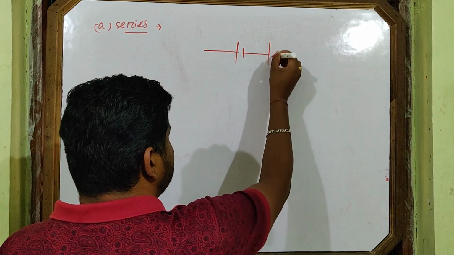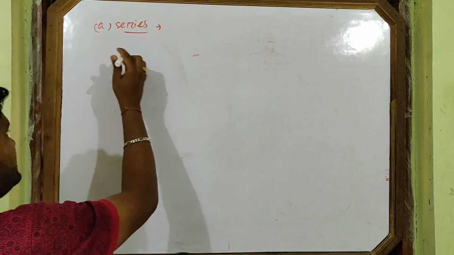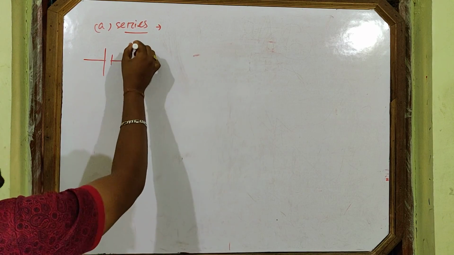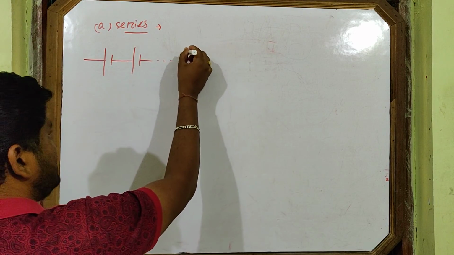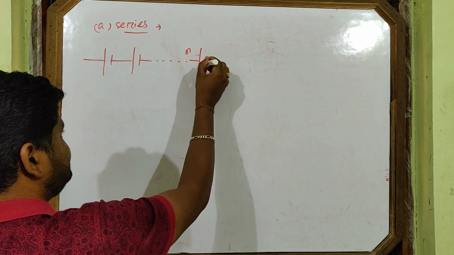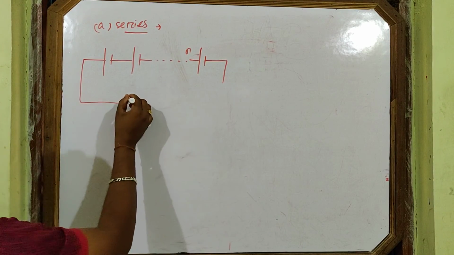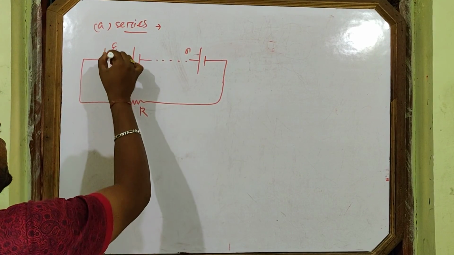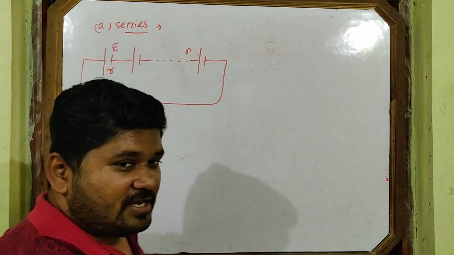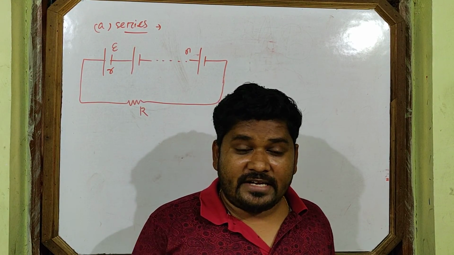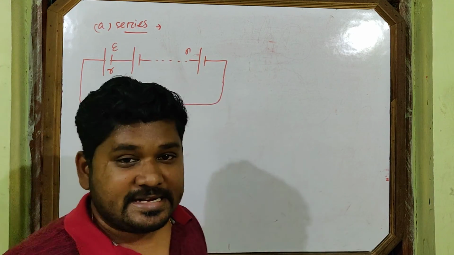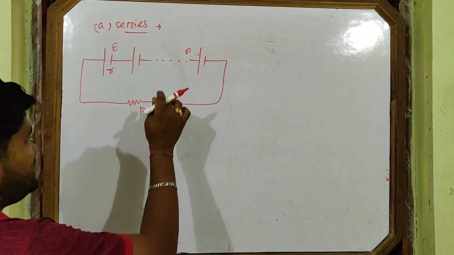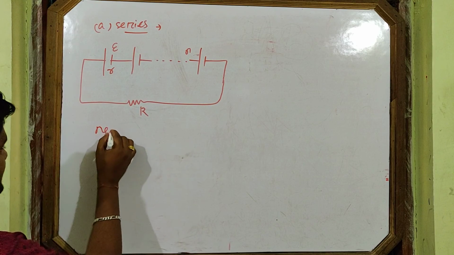So, combination of identical cells. One cell, another cell, let's draw the figure here. N number of cells you connect to an external resistor. This is an external resistor R, each cell with EMF E and internal resistance r. Our aim is how to get maximum current here. What is the net EMF?